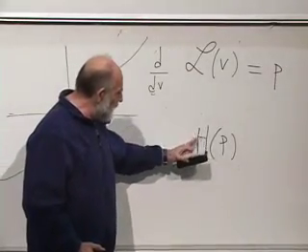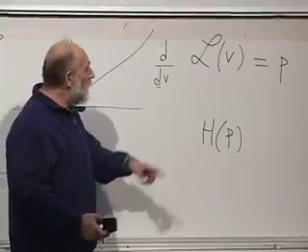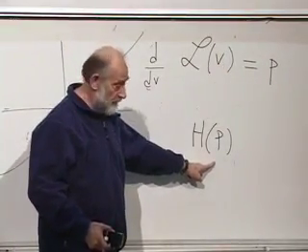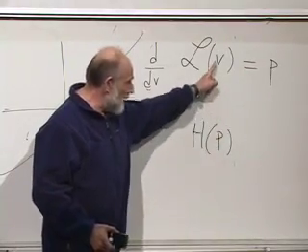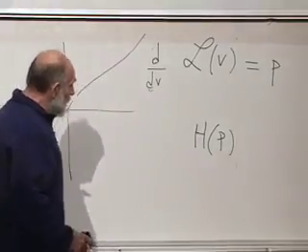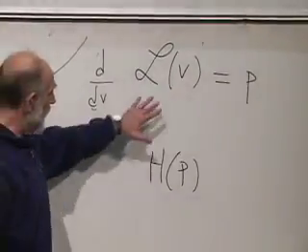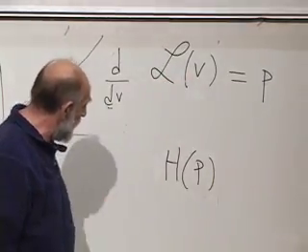When we think about H, we will think about p as the independent variable. Of course, L is also a function of p because v is a function of p. Of course, H is also a function of v because p is a function of v. But each one is thought of as a function of its own variable, L of v or H of p.